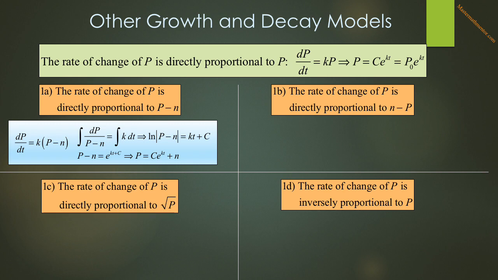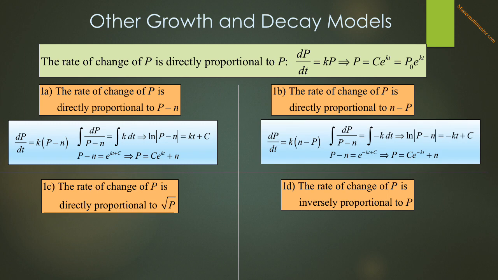We get the natural log of the absolute value of P minus n is equal to kt plus c, and therefore P minus n is equal to e^(kt+c), which translates to P equals Ce^(kt) plus n. So this situation is still exponential growth, and n takes the curve and raises it vertically a certain distance.